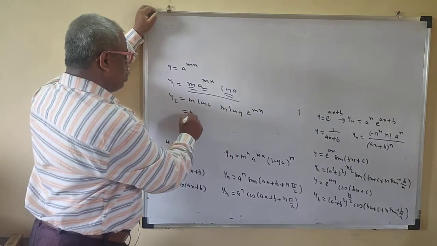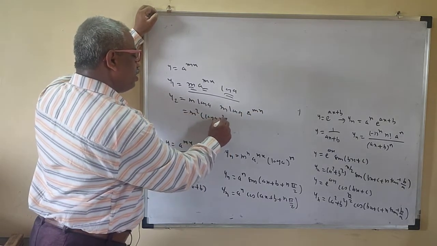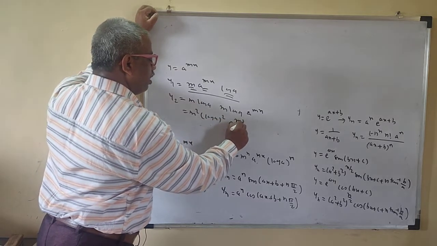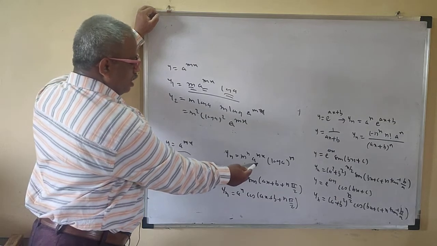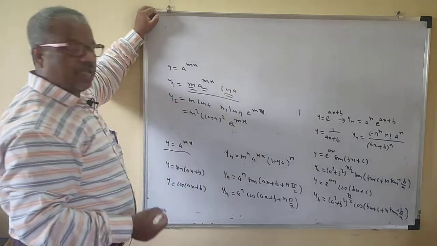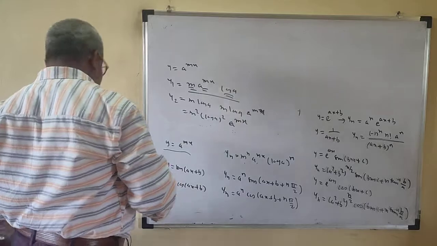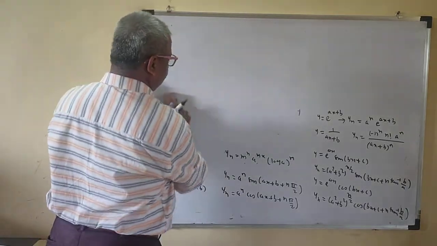Now m log a is constant, so the derivative of a raised to mx again gives m log a into a raised to mx. So y_2 is m squared (log a) squared a raised to mx. Now same thing here: y_n is m raised to n, a raised to mx as it is, (log a) raised to n.